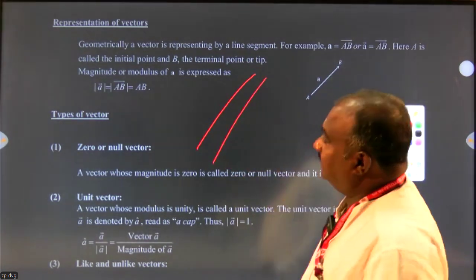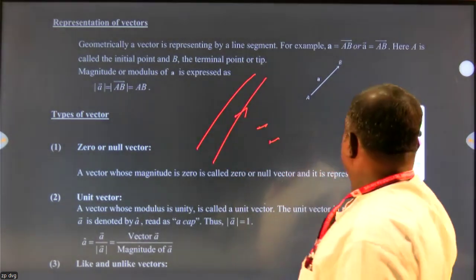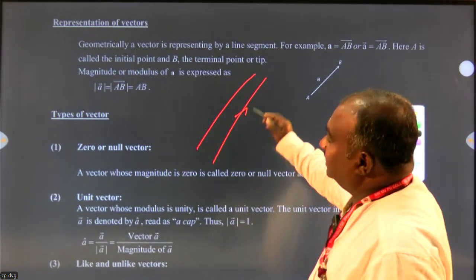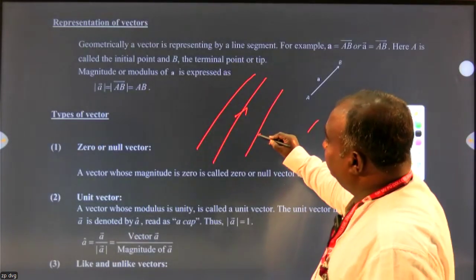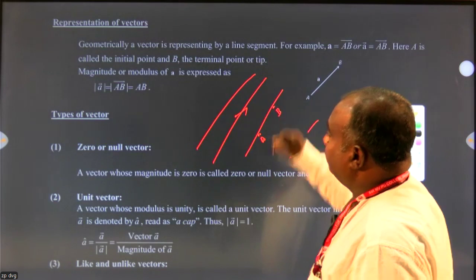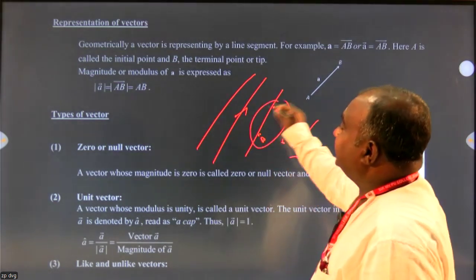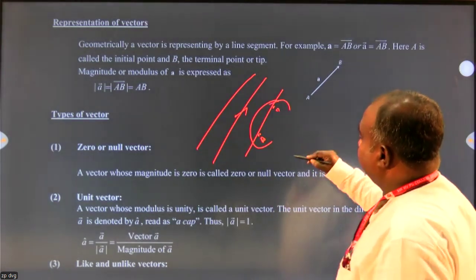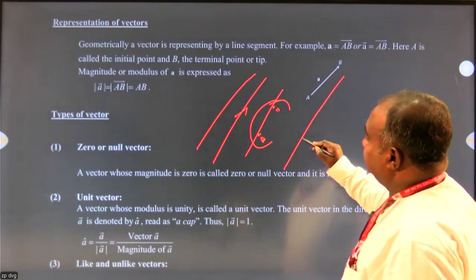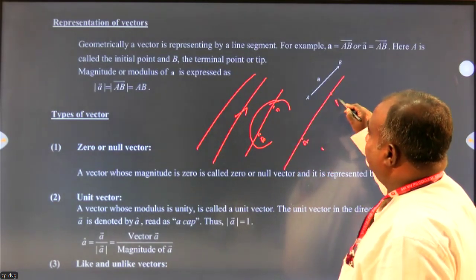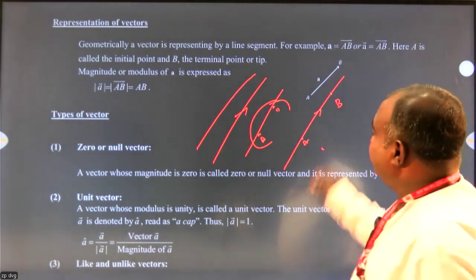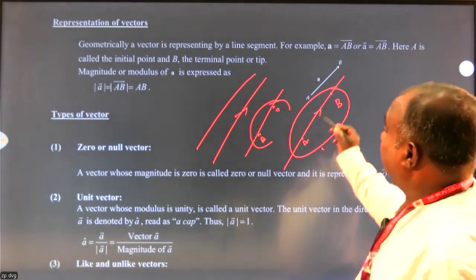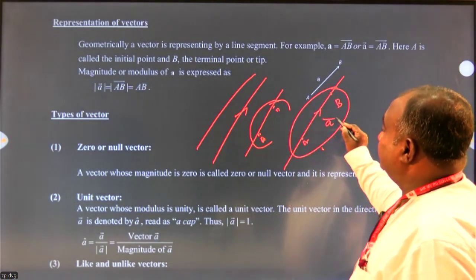If I take A here and B here, then this is a line segment. And if it is given from A to B, this is called a directed line segment. Usually in mathematics, we call it a vector segment.